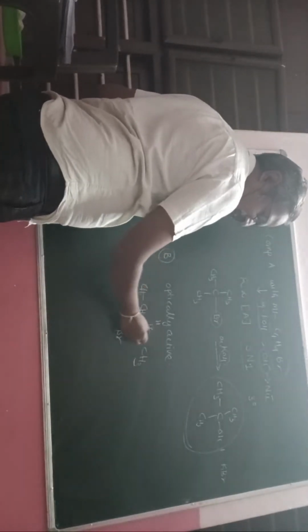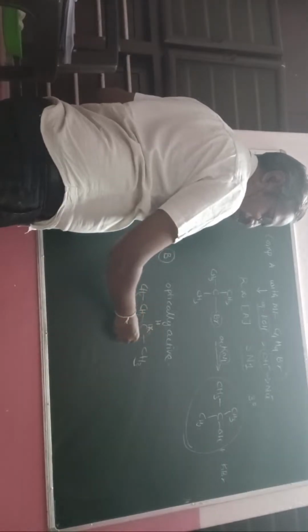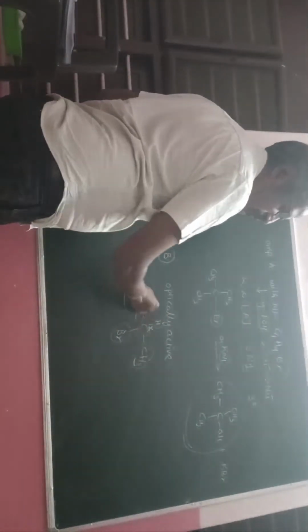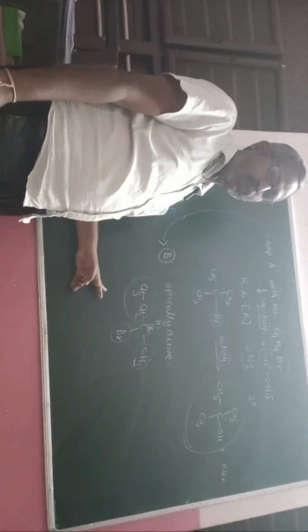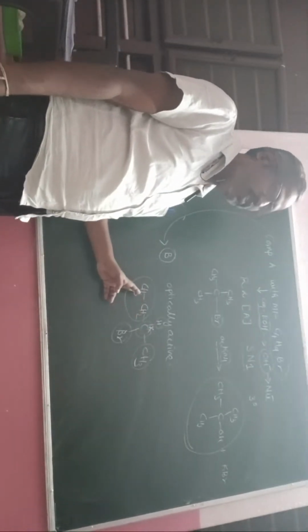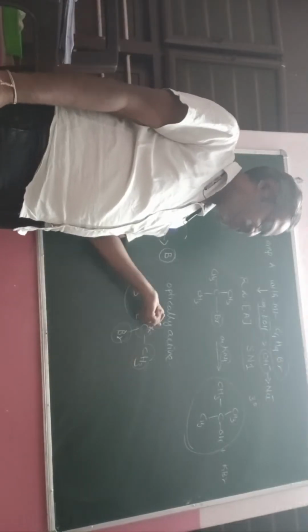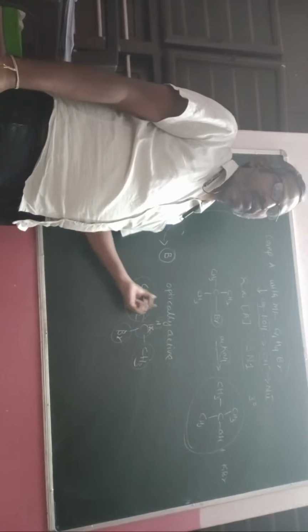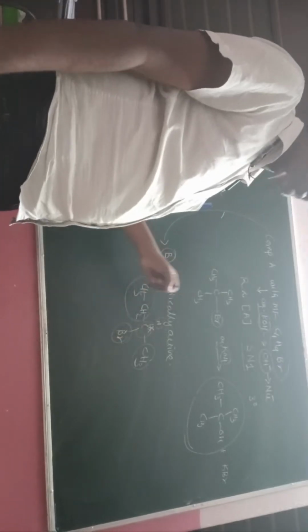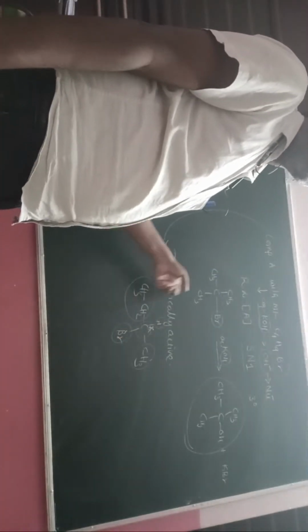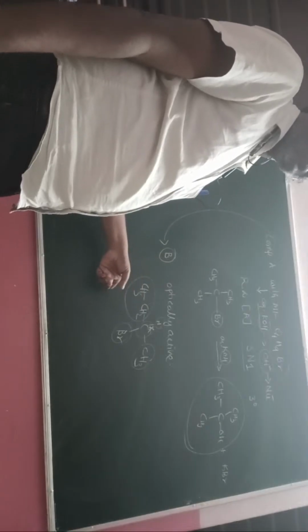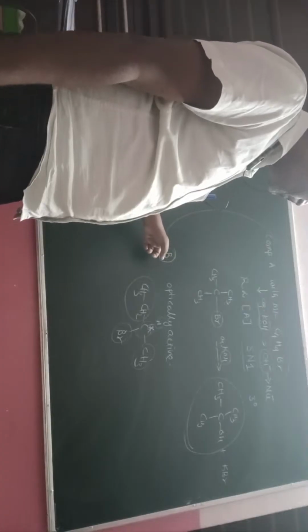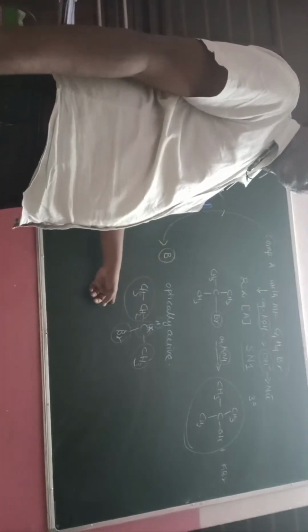This central carbon atom is a chiral carbon atom because it is surrounded by 4 different groups: ethyl, methyl, hydrogen and bromo. Because of this, it is considered a chiral center, so it is optically active. The optically active form of compound B has a structure like this.